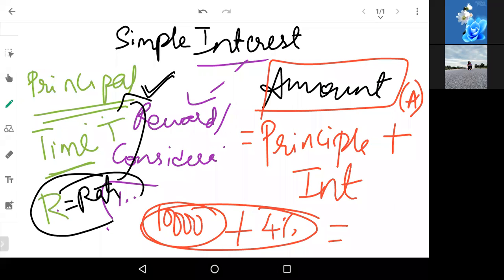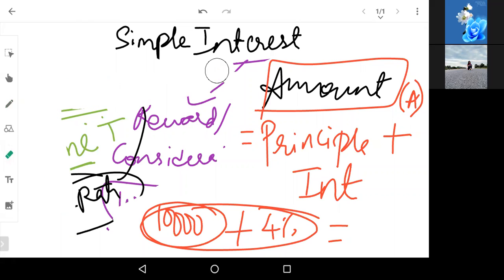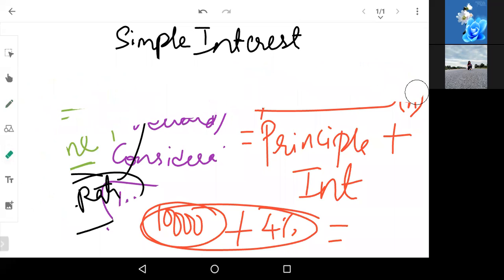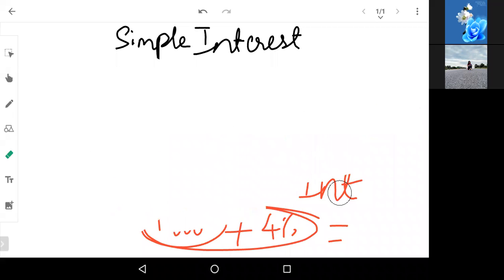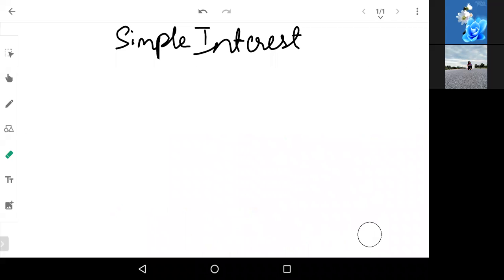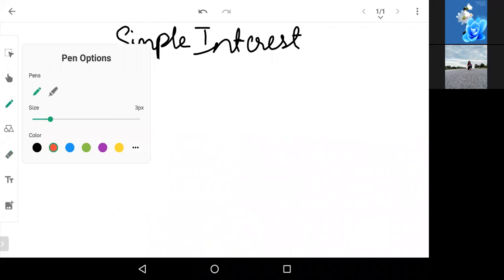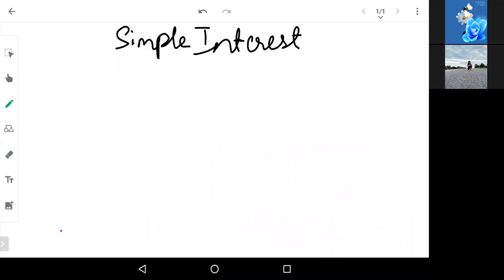Okay. Now let us go to simple interest. Now simple interest, I'm sure you already know the formula PTR by 100. So we are going to use that formula. First, let's define the formula and then we'll be using the formula. So simple interest is the interest calculated on the original principal amount.